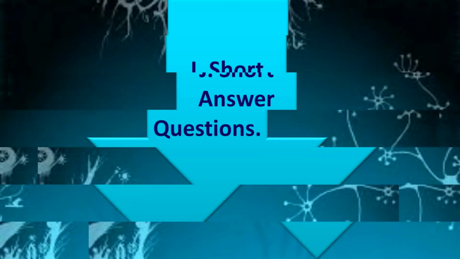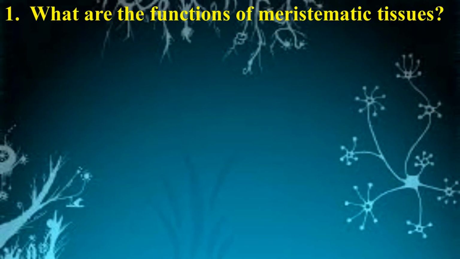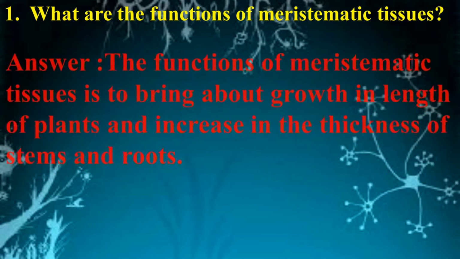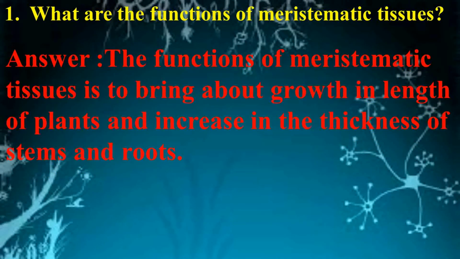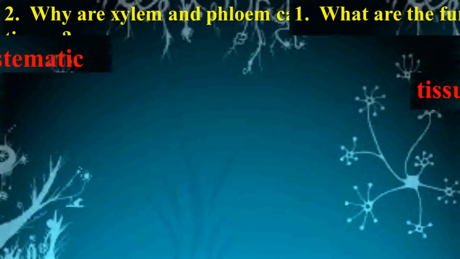Short answer questions. What are the functions of meristematic tissues? The function of meristematic tissues is to bring about growth in length of plants and increase in the thickness of stems and roots. Next question.